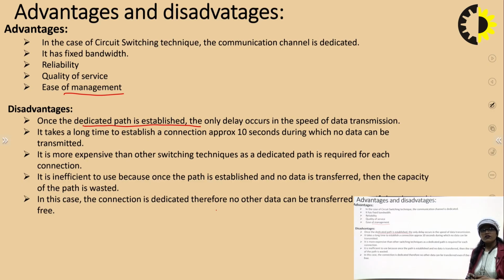And since the connection is dedicated, no other data can be transferred even if the channel is idle. If the channel is free and the dedicated device is not interested in transmitting data, the network remains idle, but there is no facility to transfer with other devices, right? So these are some pros and cons of circuit switching.